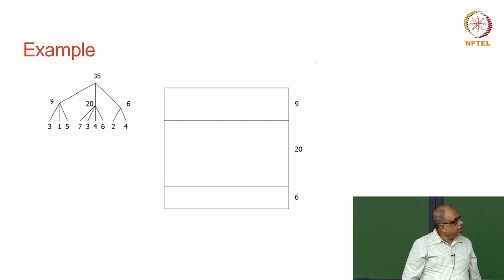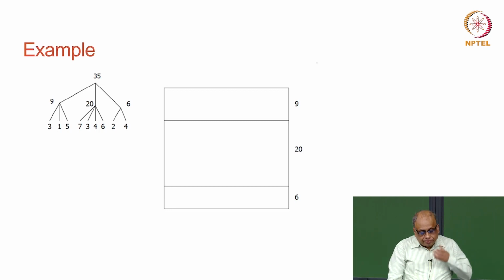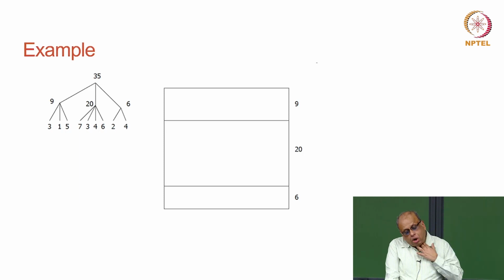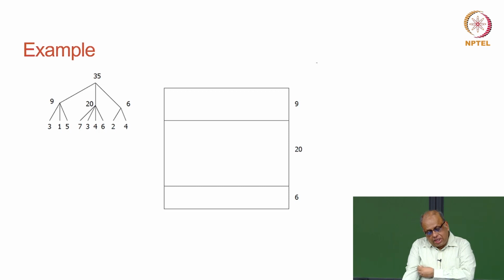Okay, so let us look at an example. Suppose we have a tree structure like this. The top root node is 35. It has 3 children, 9, 26. For the sake of simplicity, these numbers represent the number of children each node has, but it may not be the case.